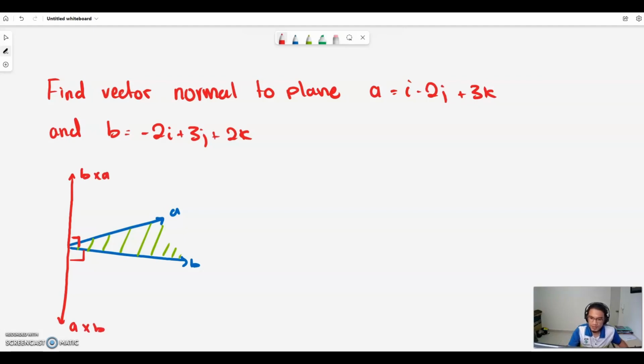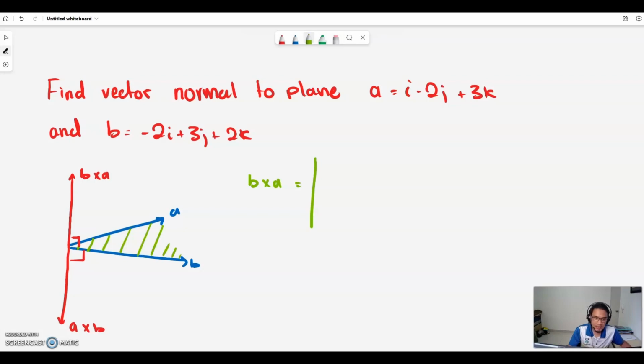For this one, let's do the vector B cross A. In order to do this kind of cross product, it can be done by changing these two vectors into the form of a matrix.